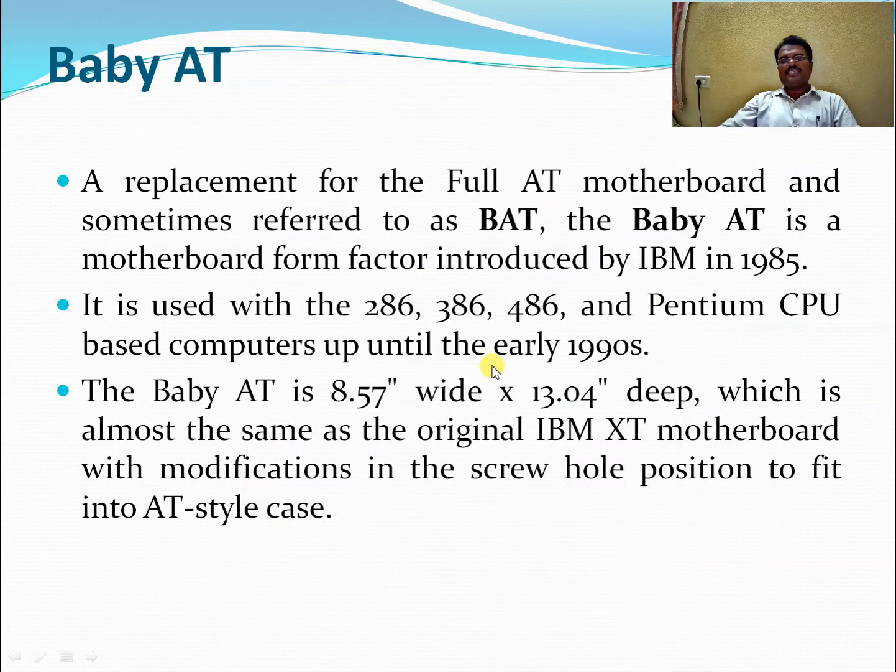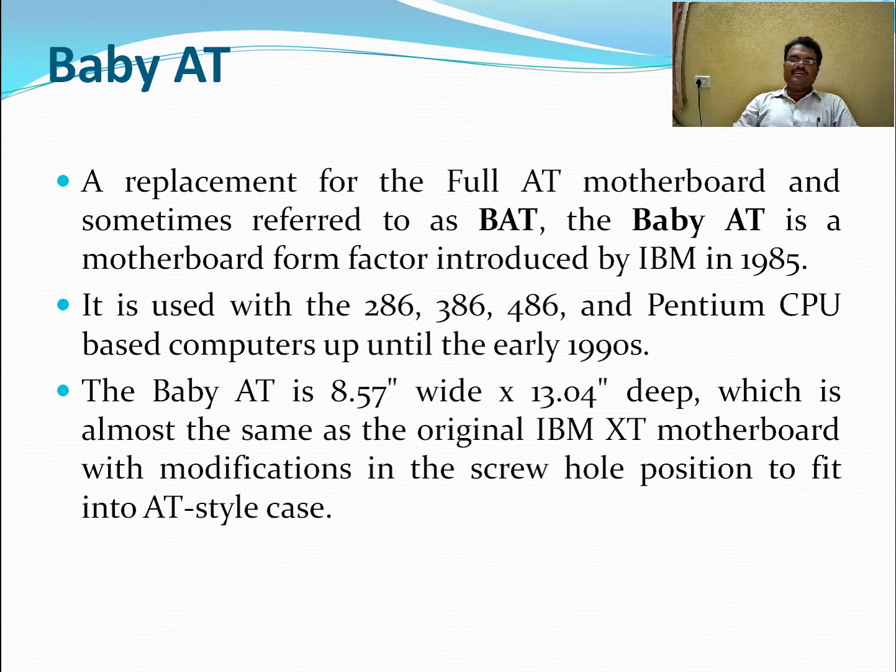The next form factor is Baby AT, a replacement for the full AT motherboard and sometimes referred to as BAT. The Baby AT is a motherboard form factor introduced by IBM in the year 1985.